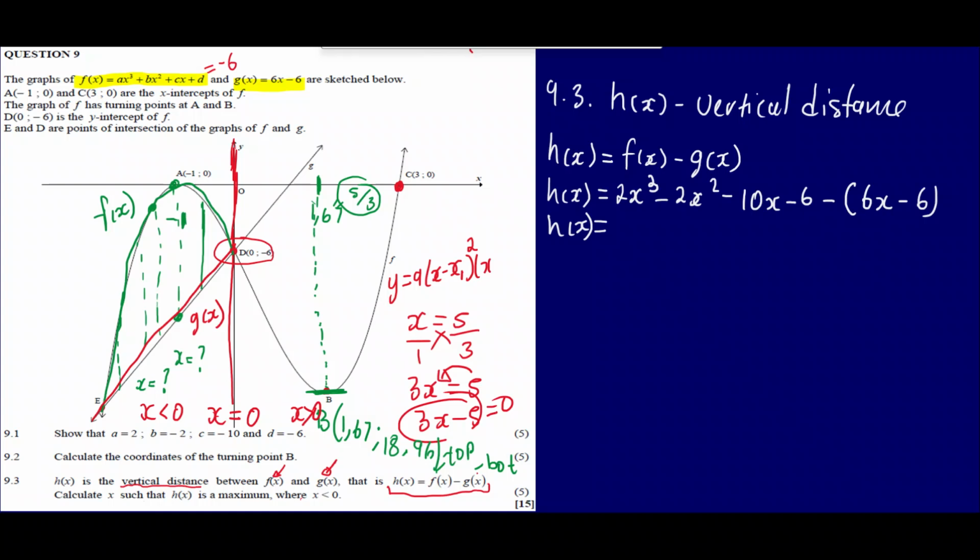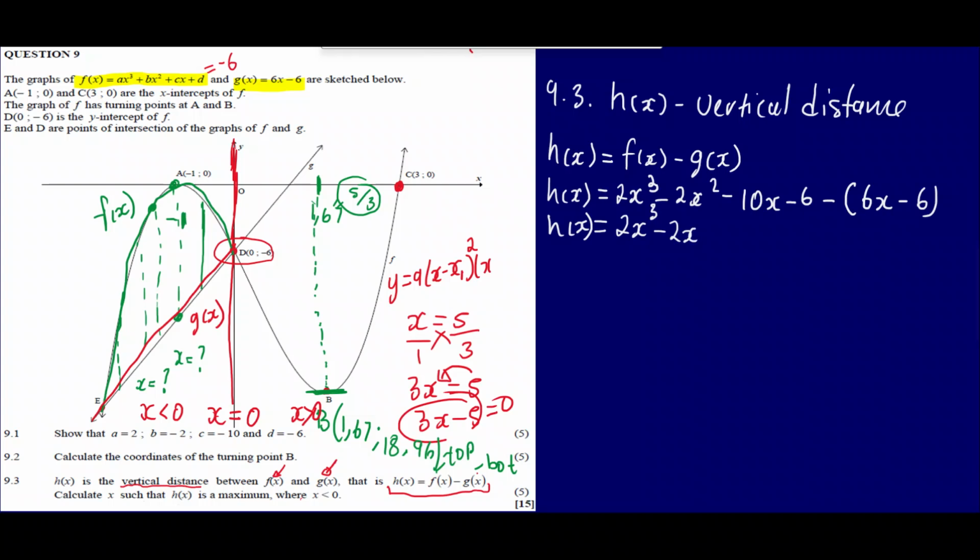So we'll just have to quickly do the simplification. They're asking us to calculate the value of x for which h of x is going to be at maximum. No one knows where exactly it's at maximum, but we know that the x coordinate is going to be negative, because the difference of those two graphs is maximum on the negative side.